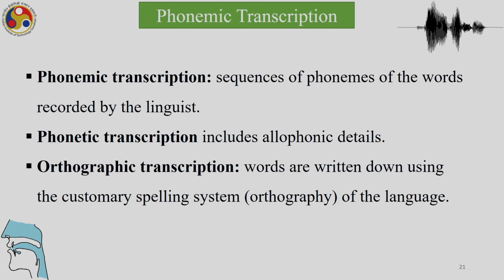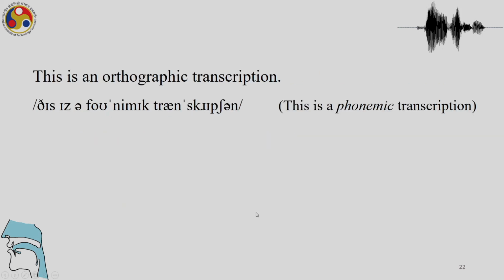And orthographic transcription is where words are written down using the customary spelling of the language. So this sentence here is an orthographic transcription. This is how you write this sentence in English. Now, if you use phonemic transcription, then you will use the particular symbols for each sound, and then you will mark the stress marks.